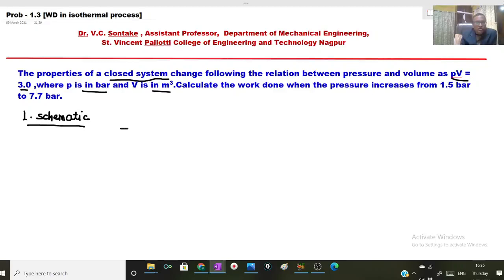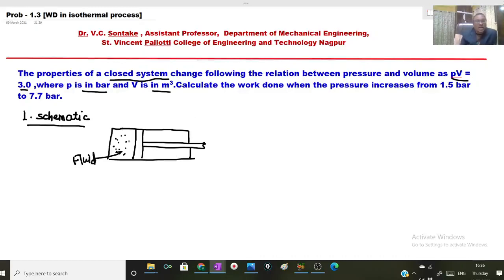We know one classical example of a closed system is a piston cylinder arrangement, and it is containing some fluid. I won't say it will contain gas only, it can contain fluid.